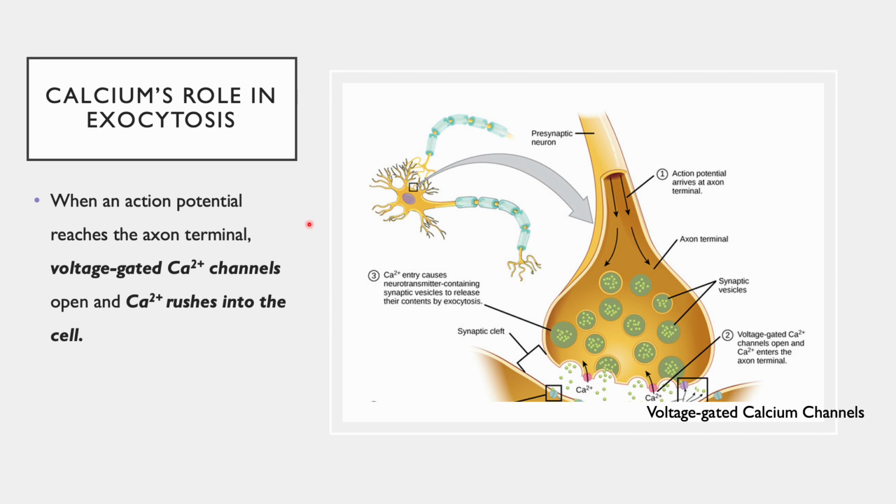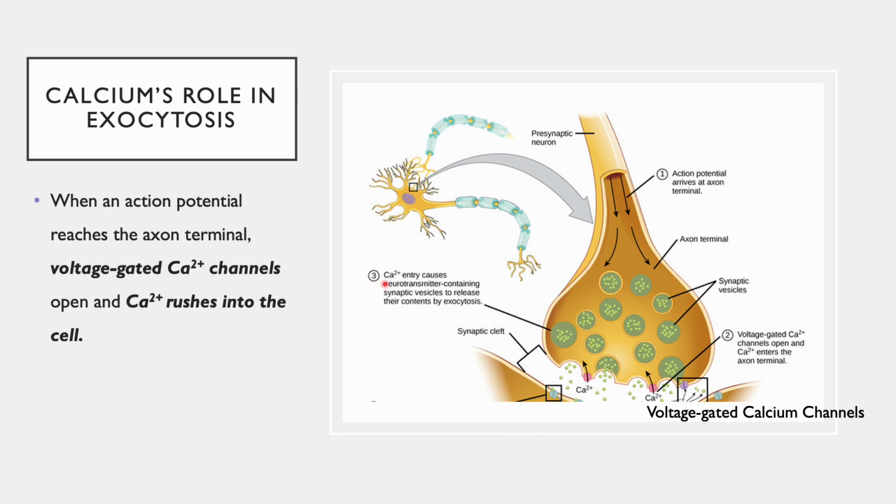When an action potential reaches the axon's terminal, voltage-gated calcium channels need to open to allow calcium to rush in. So let's look at this step by step. Step 1, an action potential is going to arrive at the terminal. We know that once this action potential comes to the axon terminal, it's going to induce the opening of calcium ion channel gates.